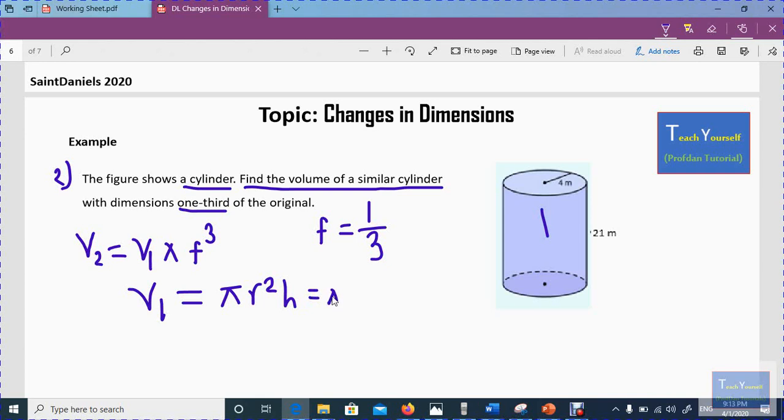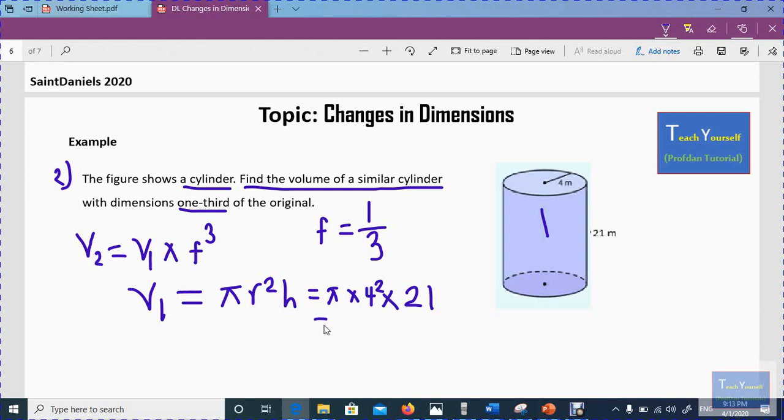So this is pi times the radius of the cylinder from the center to a circular point, which is 4. So we have 4 squared times the height of the cylinder, which is 21. Take note, both the height and the radius are in the same dimension, both meter and meter.